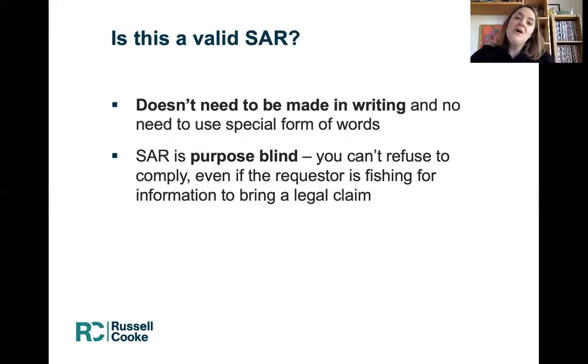Now, that doesn't mean that you can't ask people to use a particular form or at least to put the request in writing, and it can be really helpful for consistency and being clear about what's being asked and what you're being asked to produce. But you need to be aware that if they refuse, the request is still valid and you still need to do your best to comply.